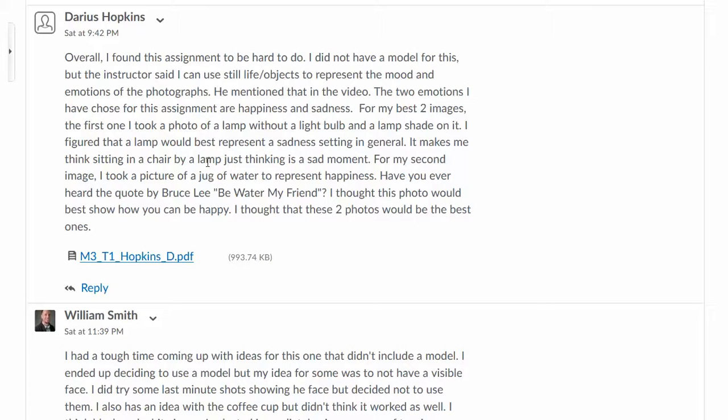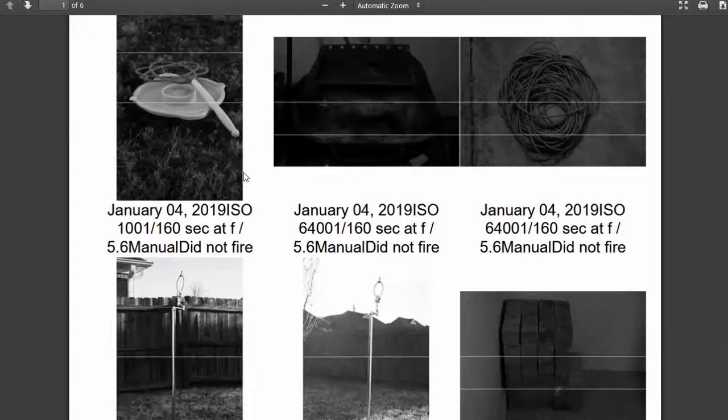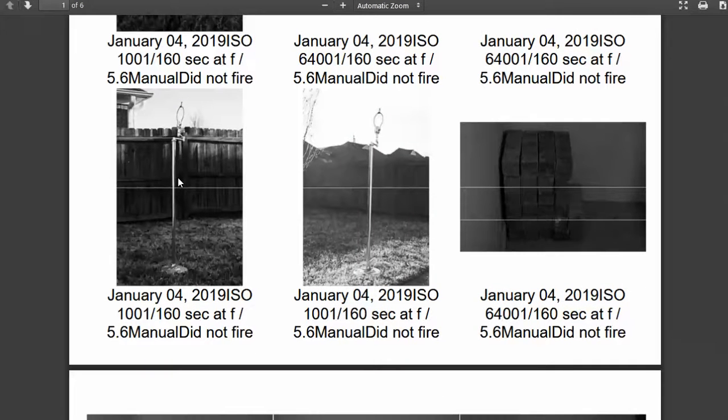It makes me think sitting in a chair by a lamp just thinking is a sad moment. Exactly. So instead of bringing the lamp out into the yard, set up inside and use some natural window light and incorporate that chair, that window, maybe the drapes, something that just makes you feel like there should be somebody there or there is somebody there.